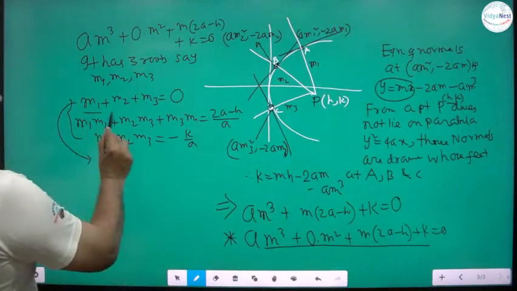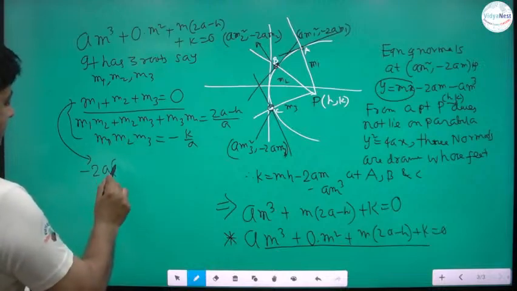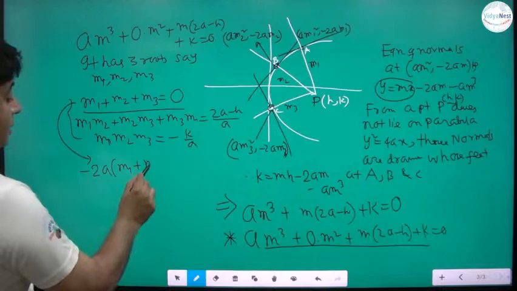I will multiply this result on both sides by minus 2a. What result do we get?